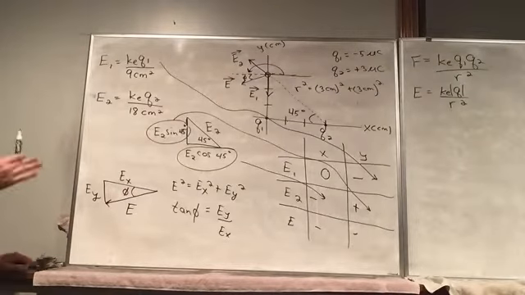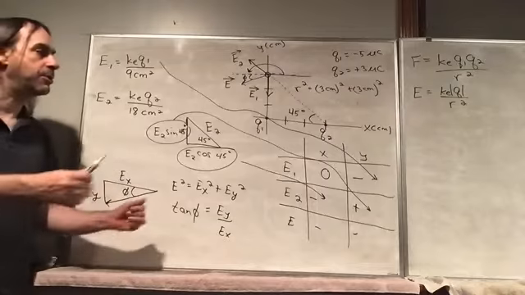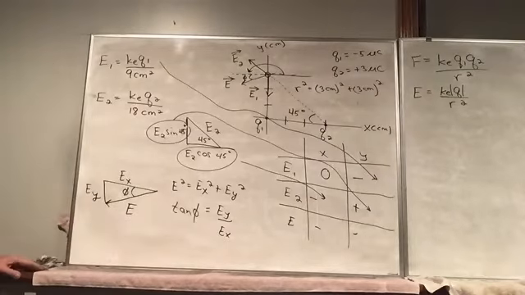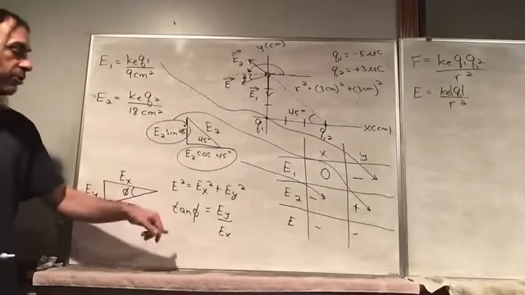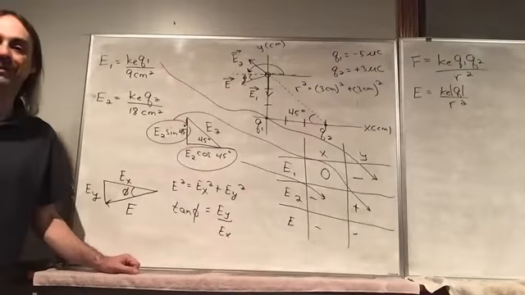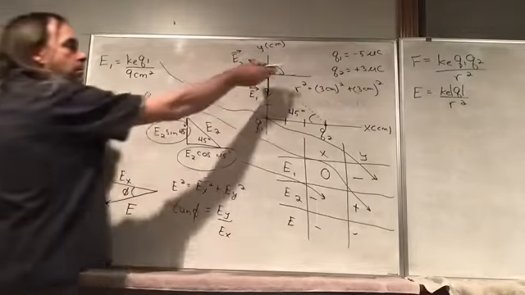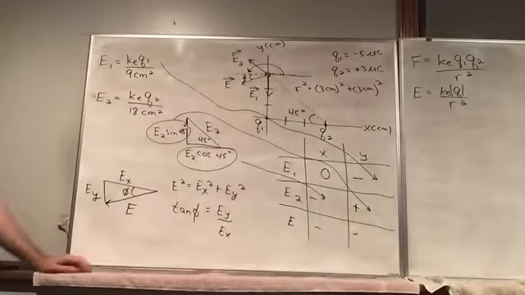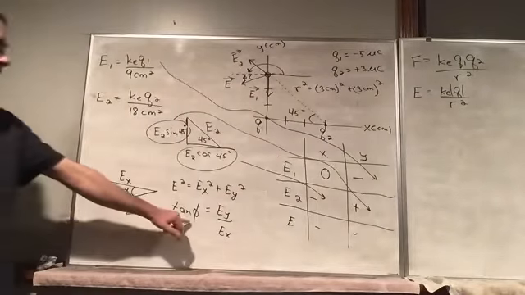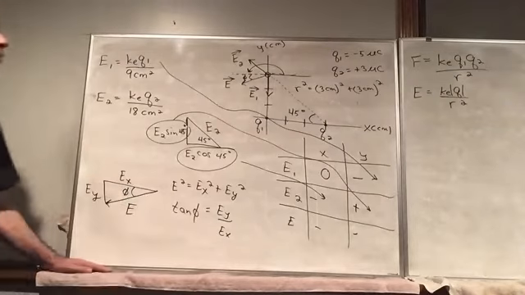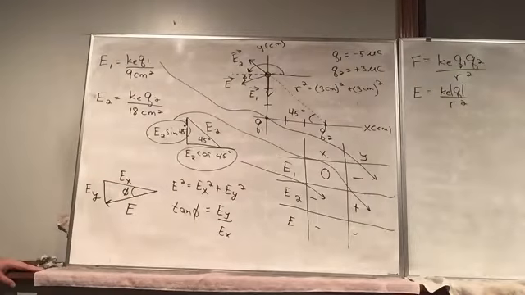If you didn't have a picture to display, if you were just typing this, probably best to stick with standard form and give the electric field in terms of its magnitude and the direction in standard form. Then whoever's reading it will know what angle to rotate through. If you have a picture, you can just give that angle and it's clear what direction you're talking about. All right. So any questions on these electric fields?